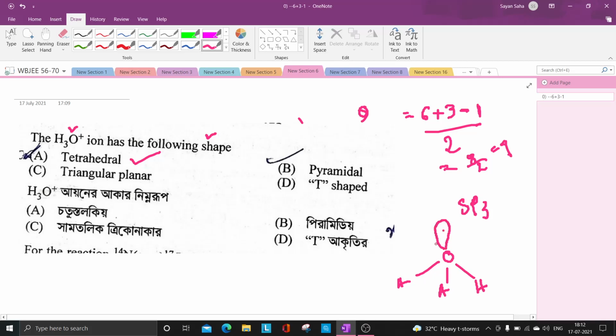And this will push these 3 atoms a bit, so the overall shape will be pyramidal, not tetrahedral. If it was CH4, then the shape would have been tetrahedral, geometry also tetrahedral, shape also tetrahedral. But since there is one lone pair, the shape will be pyramidal, not tetrahedral. So the answer will be B. This I think is question number 61. Yes, 61 is B.